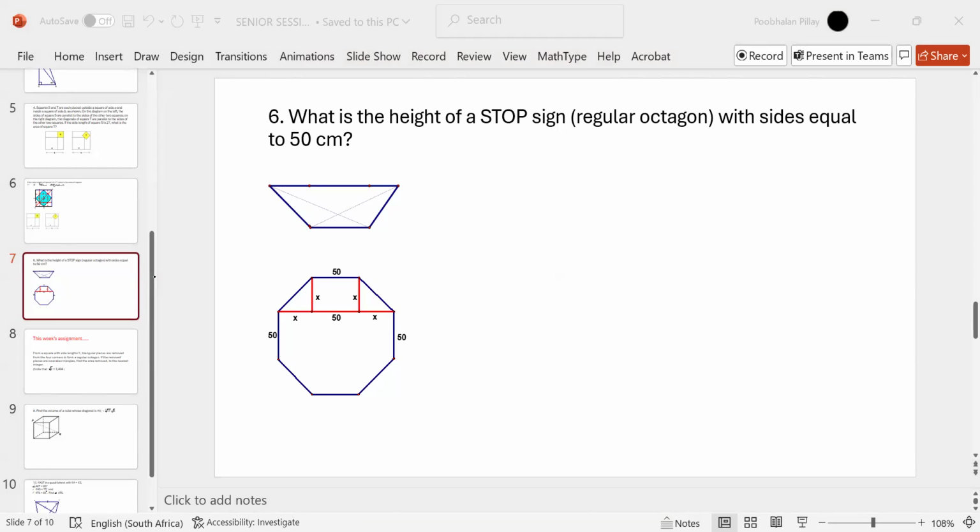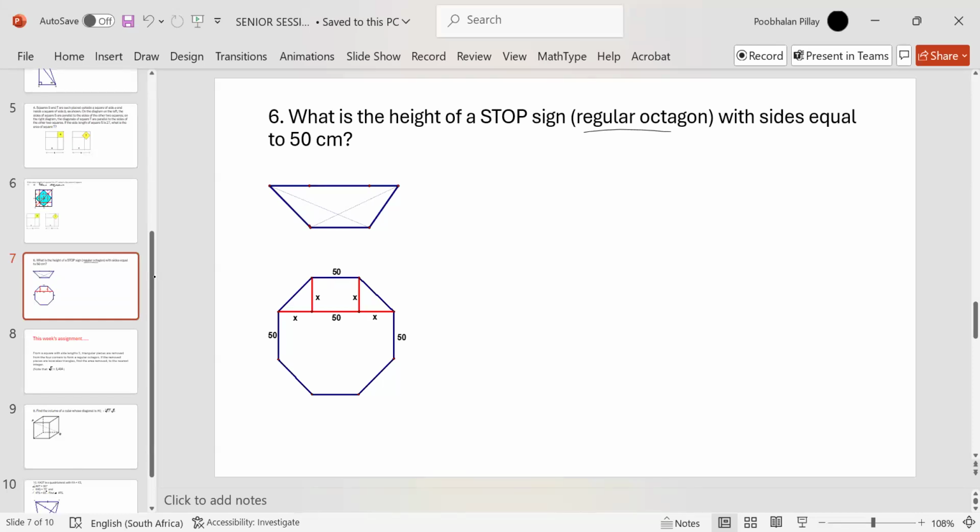You see these stop signs on the roads. A stop sign is actually a regular octagon. In other words, it's got 8 sides, 3, 4, 5, 6, 7, 8. Right? The opposite sides are parallel, you can see, like that. And you've got 8 angles, and all those angles are equal.